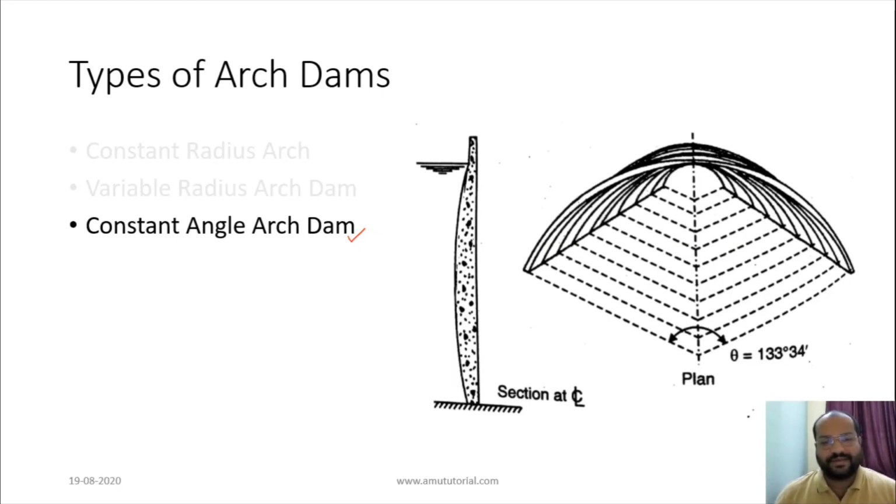So these are the three types of arch dams: constant radius arch dam, variable radius arch dam, and constant angle arch dam. Now if we take the central angle to be 133 degree 34 minutes, then this is the most economical. We will be discussing later on why this is the most economical profile.